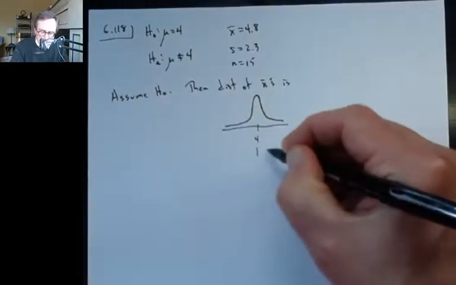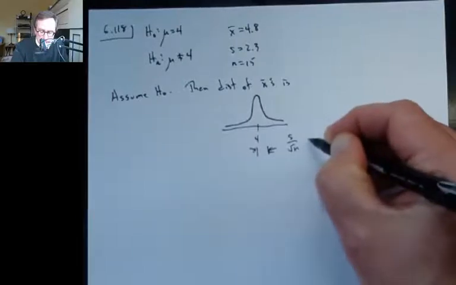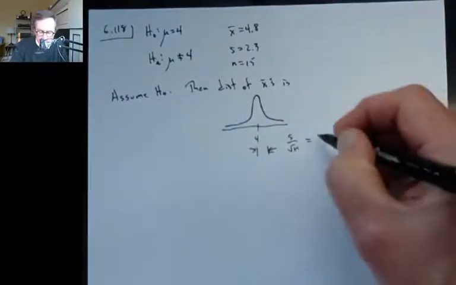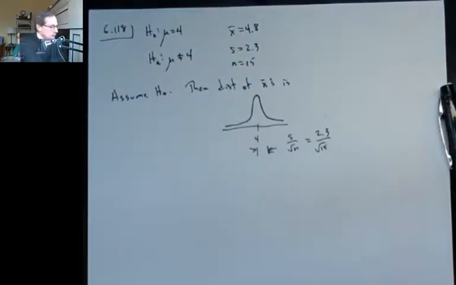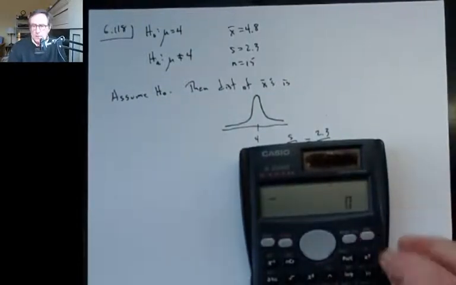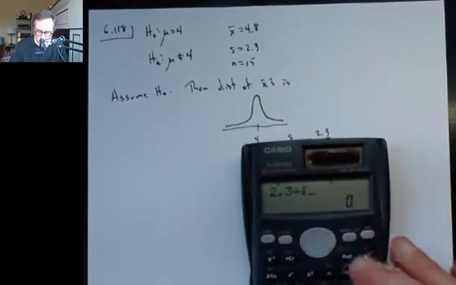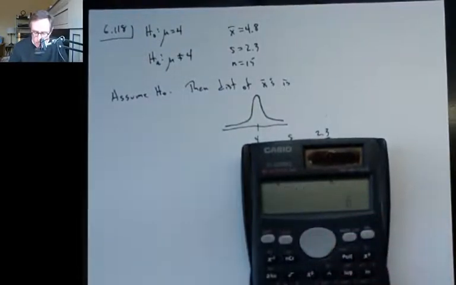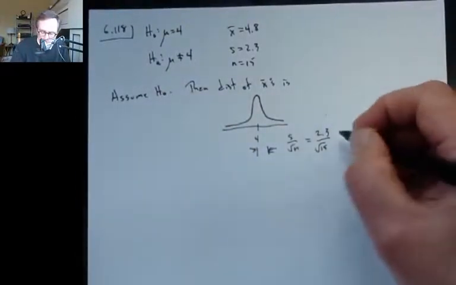And they think the spreadedness would be S over square root of n, which is 2.3 over square root of 15. Let's see what my calculator thinks that is. 2.3 divided by square root of 15 is 0.59.